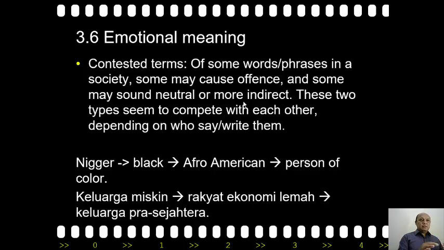Now in society, these two types seem to compete with each other, depending on who says or writes those words.